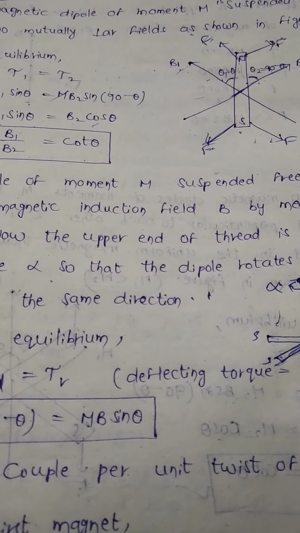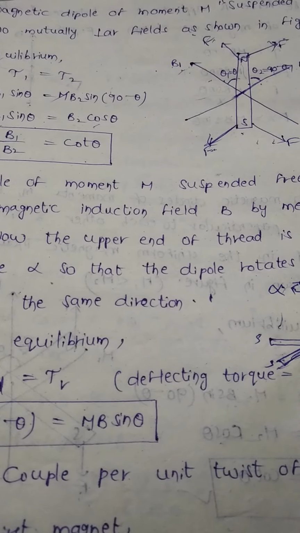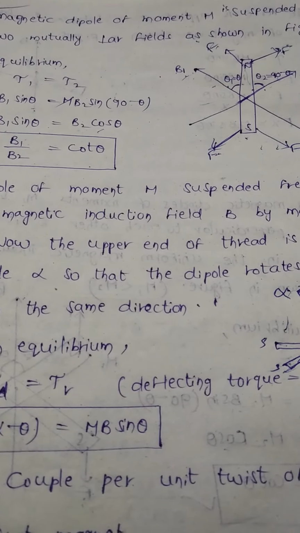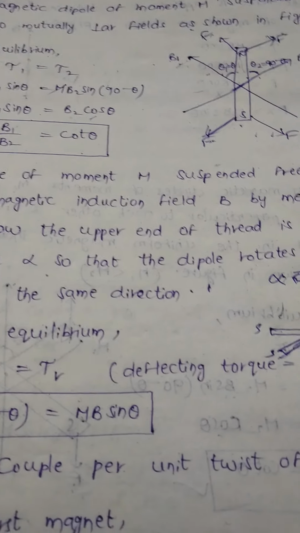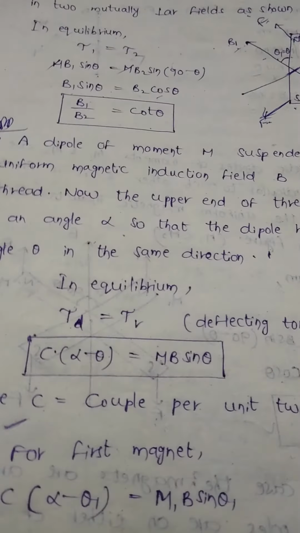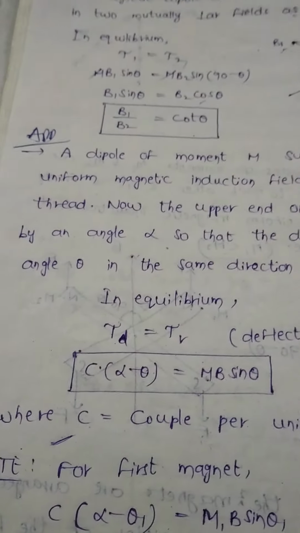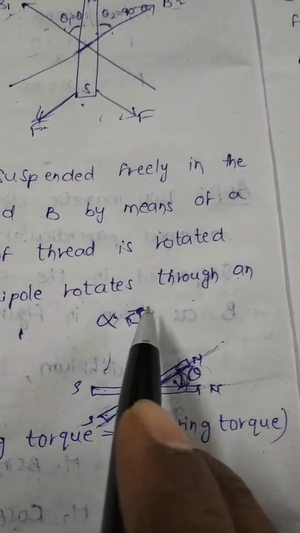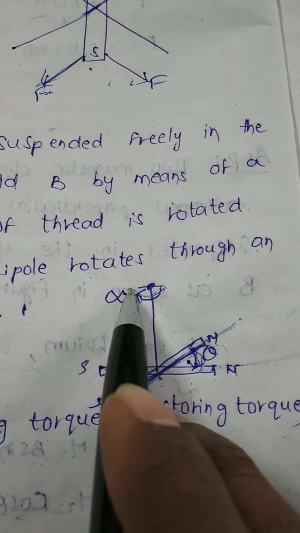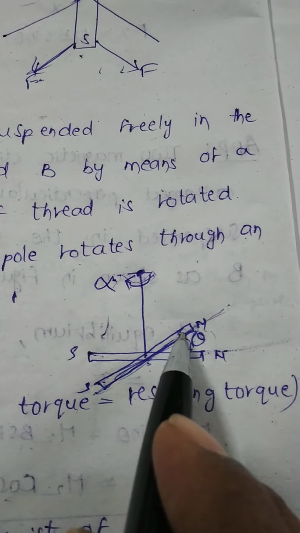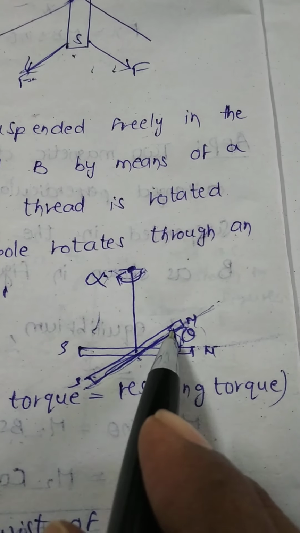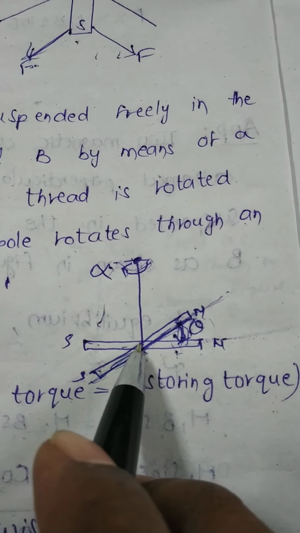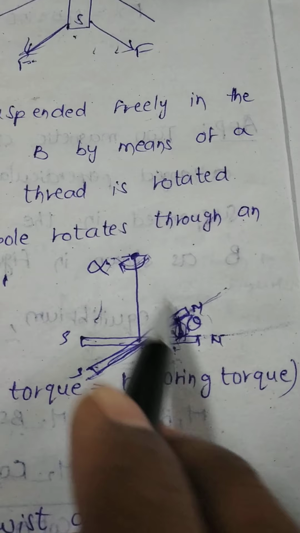What is the net angle through which the thread rotates? 60 minus 40 is equal to 20 degrees. So it is one important and also imaginary application. Suppose the upper end of the thread is rotated by 60, and the dipole also rotates in the same direction by 40. The net angle through which the thread rotates is 60 minus 40, which is 20.